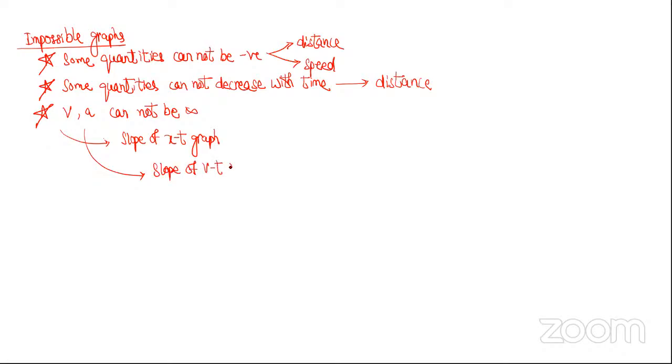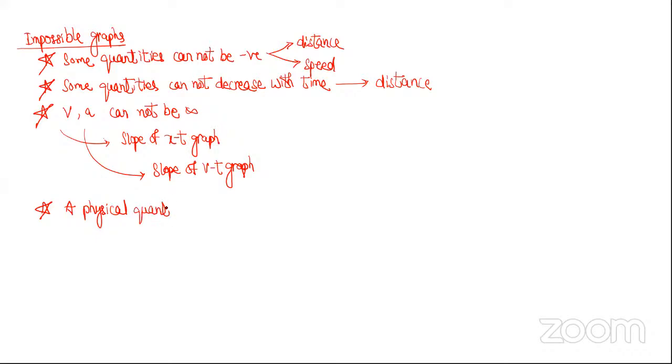तो if you have a vt graph, look if it is becoming infinity somewhere, है ना? And then the last point, a physical quantity cannot have two values at the same time.